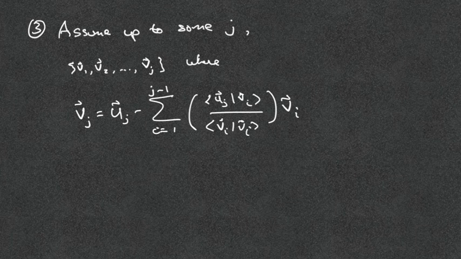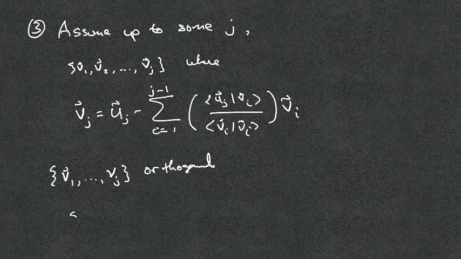So we have minus the sum of these projections of u sub j onto the v sub i's, and we assume that our set v1 up to v sub j are not just linearly independent, but they are orthogonal.